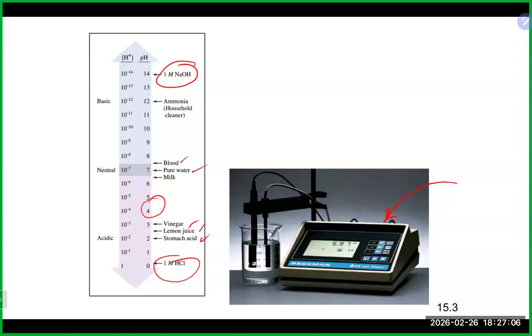You basically calibrate it. It usually works through voltages. You tell it, this voltage represents a pH of 4, this one represents a pH of 7, this one represents a pH of 10. That makes a calibration curve. So when you put it in your solution, it can figure out, based on the voltage in your calibration curve, how much H plus is in there.